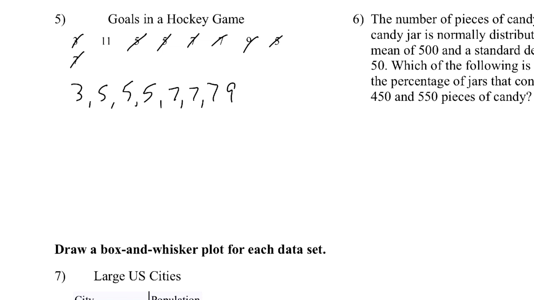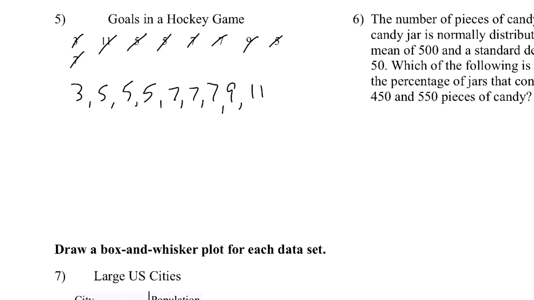Then 9. Then 11. And there are 1, 2, 3, 4, 5, 6, 7, 8, 9. Oh, makes it so easy. So in the sense that when they're an even number, then you have to change things up a little bit. And we'll actually see that with the quartiles.